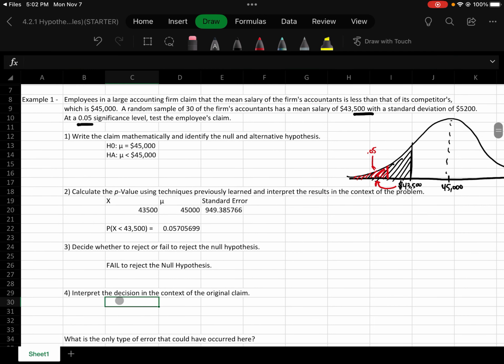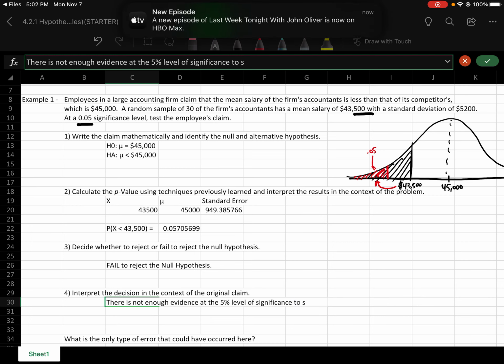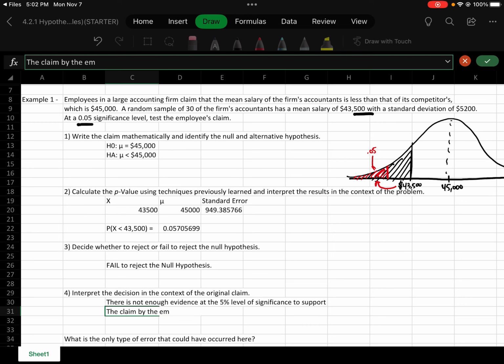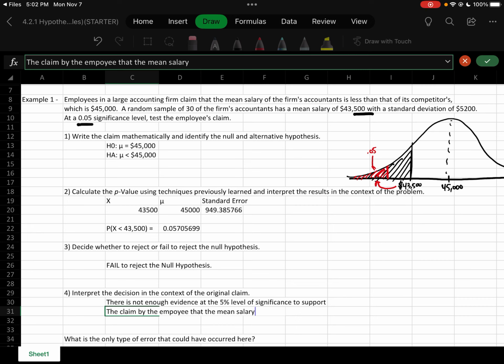And so what this means is that there is not enough evidence at the 5% level of significance to support the claim by the employee that the mean salary is less than $45,000.